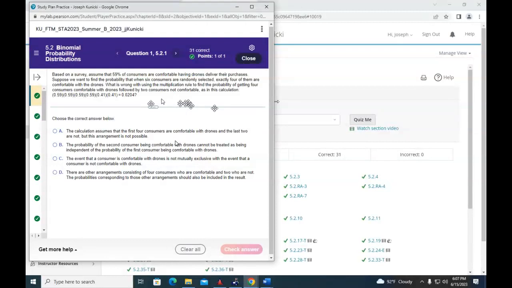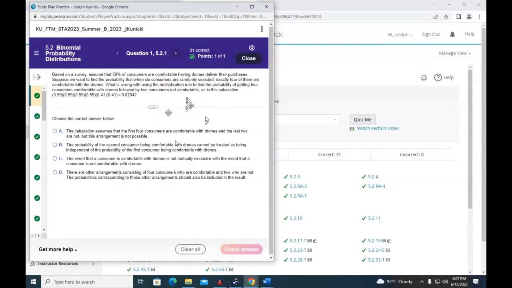The problem is they went on this one branch. There's going to be 2 to the 6th, which is 64 branches. They only chose the one branch that had 4 successes and then 2 failures. Is that necessarily how they occur all the time? No. They could have 2 failures first and then 4 successes.